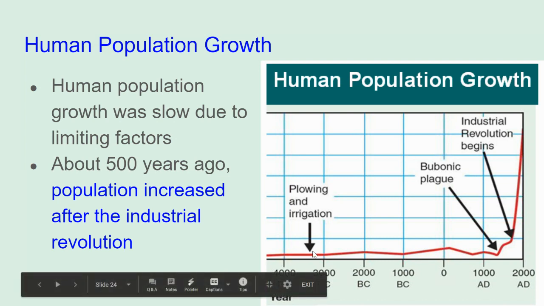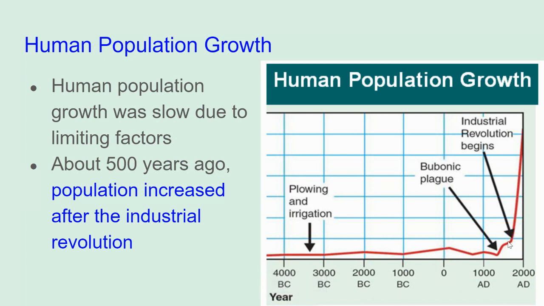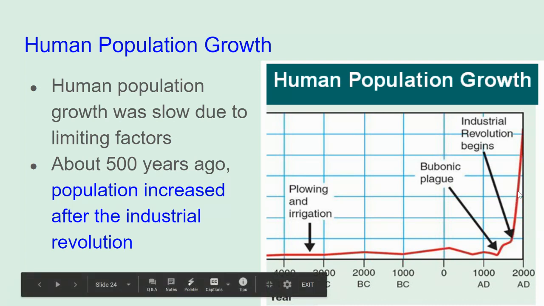And there's a small population increase in humans once we had plowing and irrigation, so early farming. The bubonic plague decreased human population pretty significantly, but then the Industrial Revolution took place. And once the Industrial Revolution took place, human population grew exponentially, and it's continuing to grow exponentially.